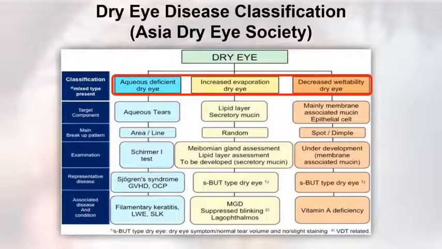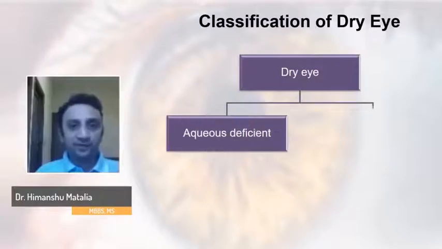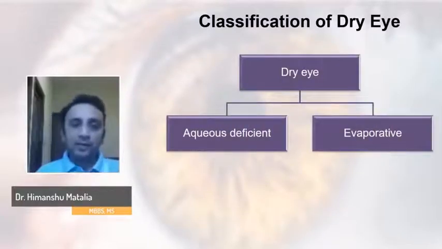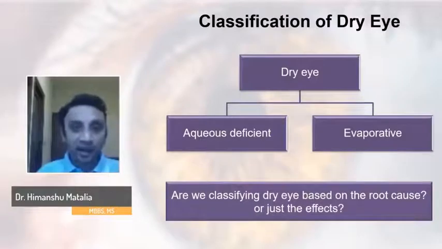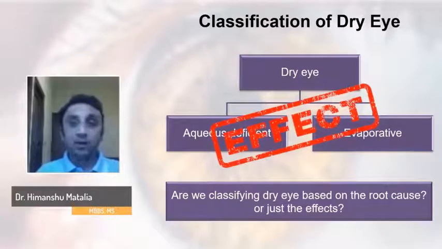All these basically define dry eye into two major components, aqueous deficient and evaporative. But by doing this, are we actually classifying dry eye based on the root cause or just the effect? Unfortunately, we are doing the classification based on the effect of the disease and not the root cause of the disease.